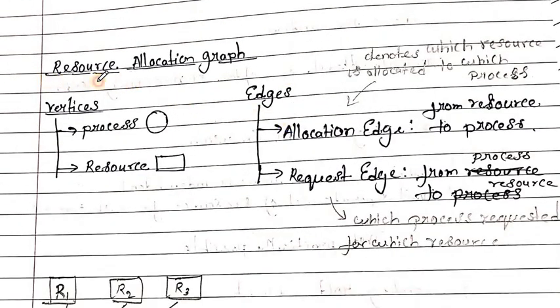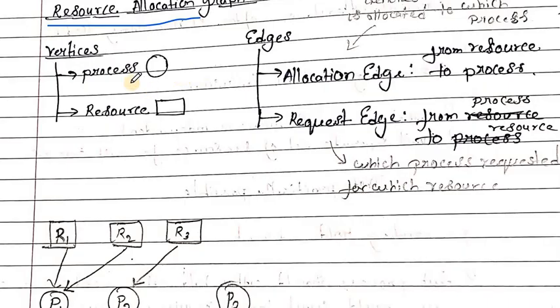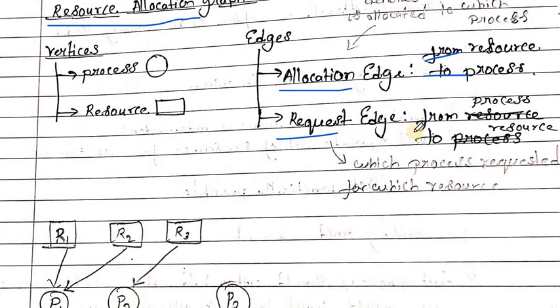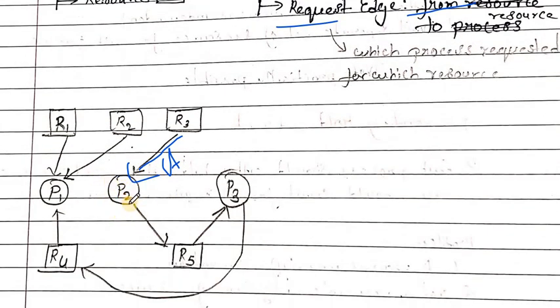So here is a resource allocation graph. In a resource allocation graph, the circle vertices denote processes and a square or rectangle denotes a resource. There are the allocation edge and the request edge. An edge from resource to process is called an allocation edge, and an edge from process to resource is called a request edge.